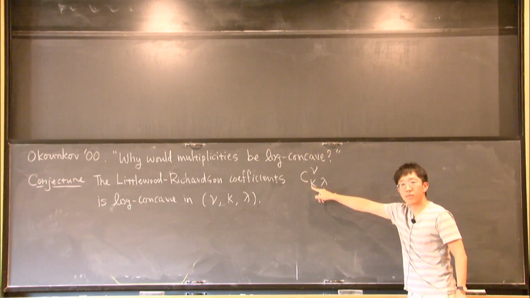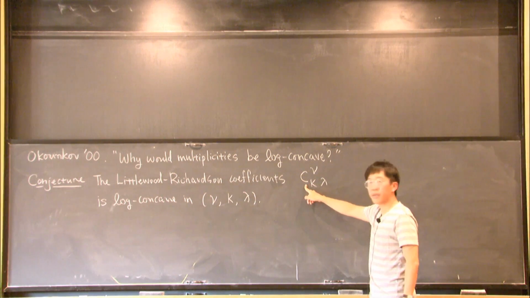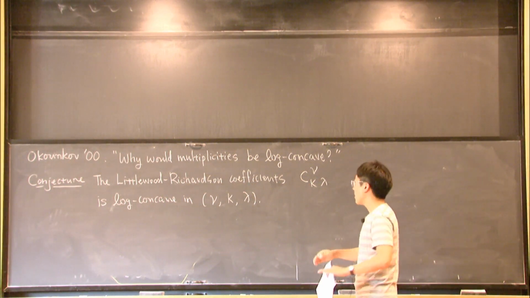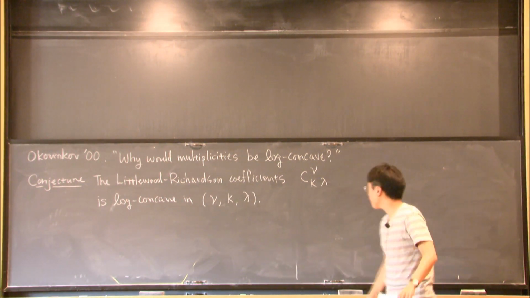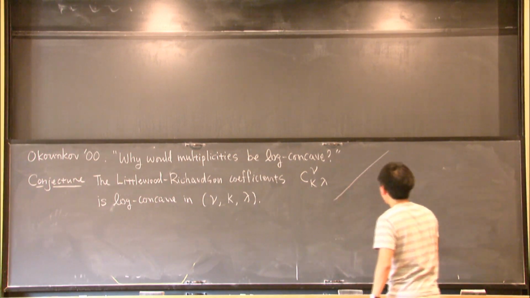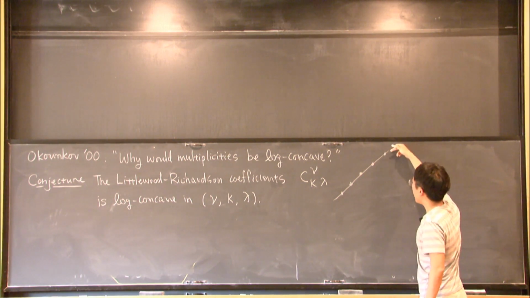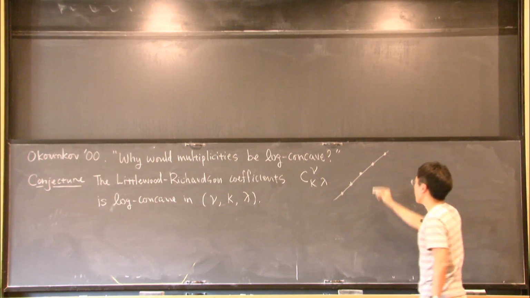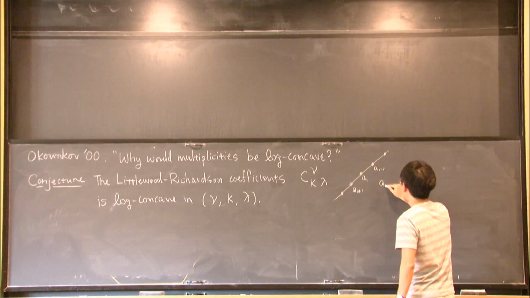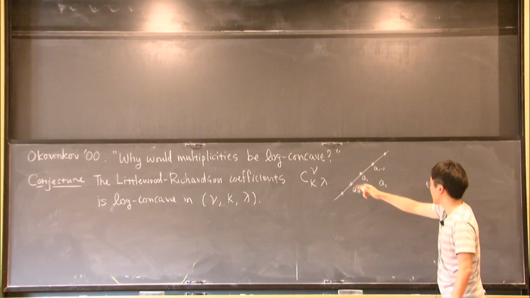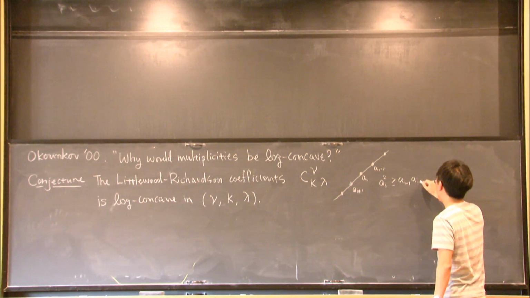So this c is a discrete function. So what he means by this is if you take the log of these integers, then you get a function defined on some lattice, say the lattice of triples of partitions. And if you take any line on that cone of partitions, and if you read off any sequence along any line, then the numbers you see, actually this a_i should be c, must always satisfy this.